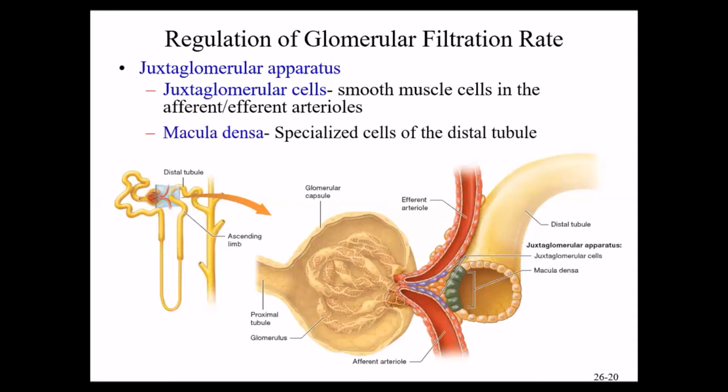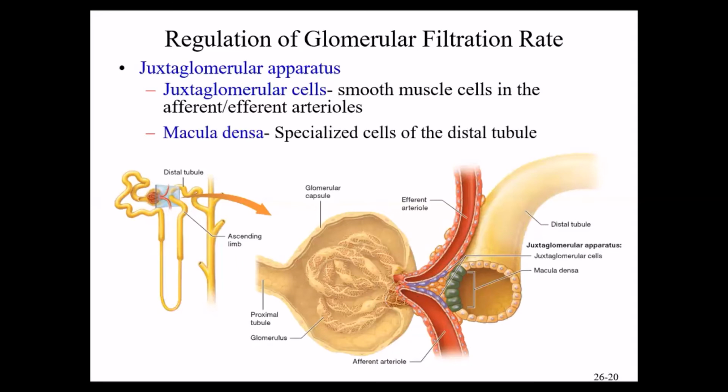The juxtaglomerular cells are essentially smooth muscle cells. In this diagram, they're labeled in a purplish color, and they wrap around like a little rubber band around the efferent and afferent arterioles. Because they are smooth muscle cells, they can constrict and dilate.